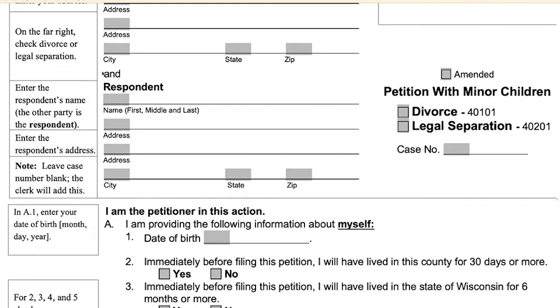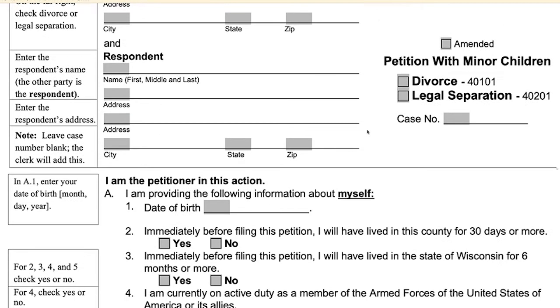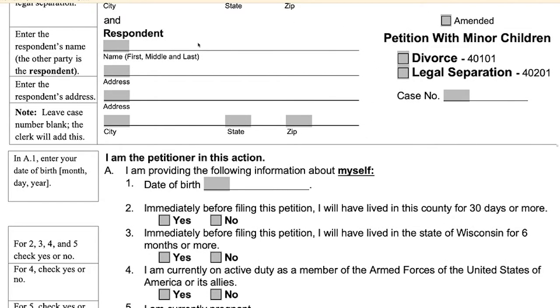The second signature or identifying block here is for the respondent, the person who is not filing. And a lot of the time, you'll have their current address, but if you don't, it's okay. Sometimes parties separate, and then a few months later, one of them will file for divorce, and they won't really be sure where their spouse is.